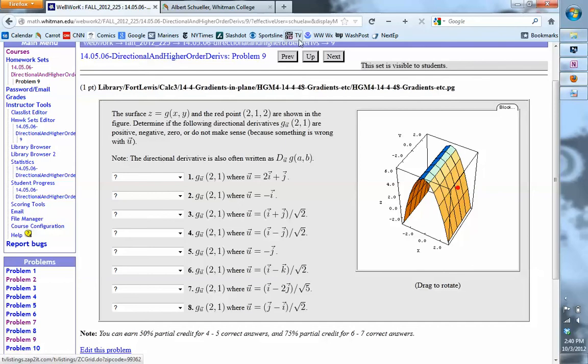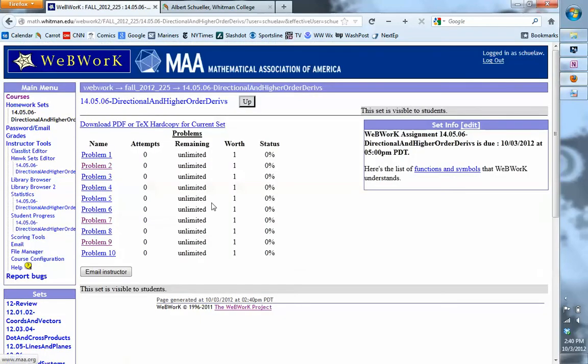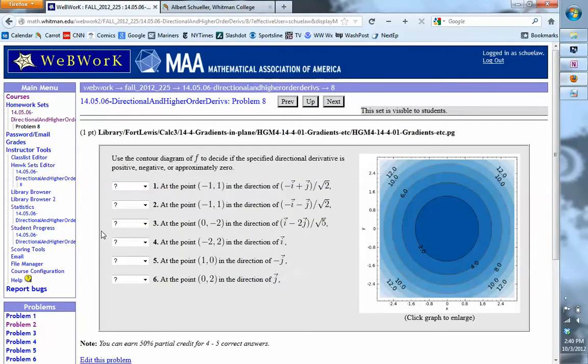I took a little bit of issue with this problem. But I hope that at least it makes sense, even if WebWork was a little bit picky about some of the answers. Some people were getting 0, or WebWork was asking for 0 in a place where I wouldn't have asked for a 0.